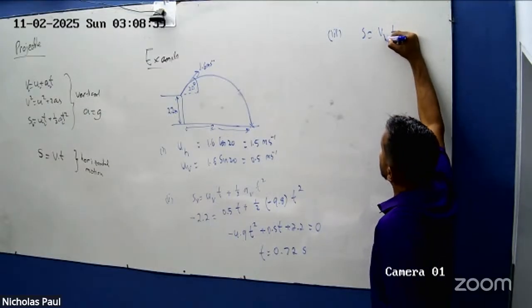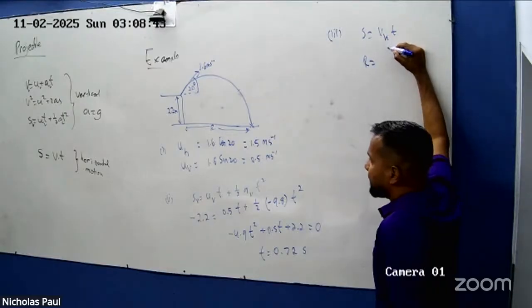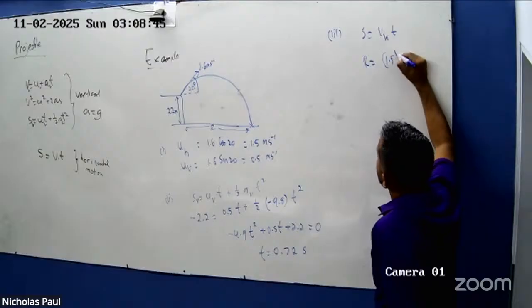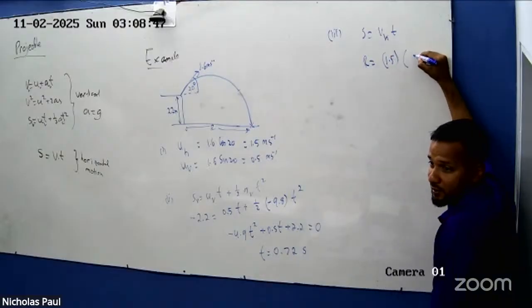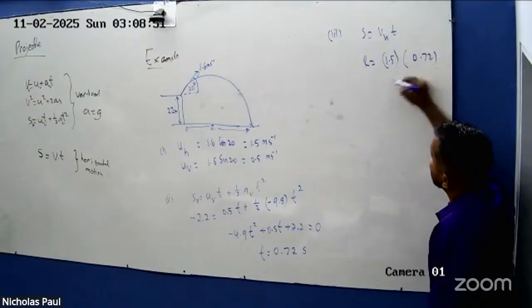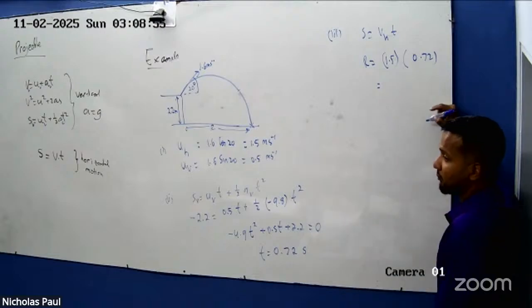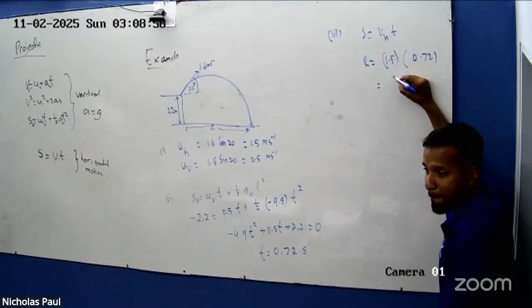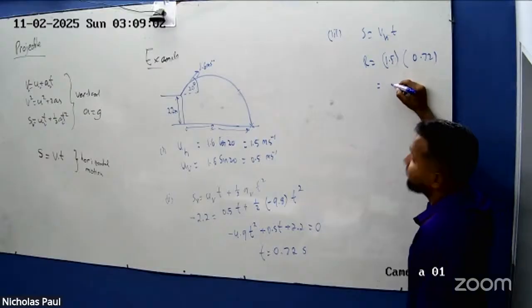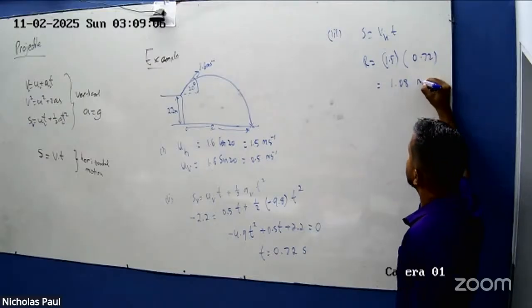That could work, everything is horizontal. So what was the horizontal velocity? 1.5, and t is what? 0.72, same time. Right? How much is that? 1.08.